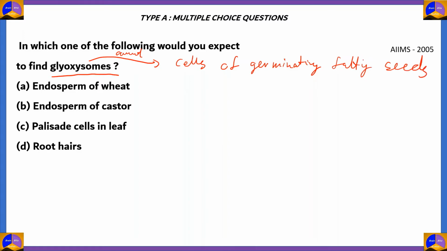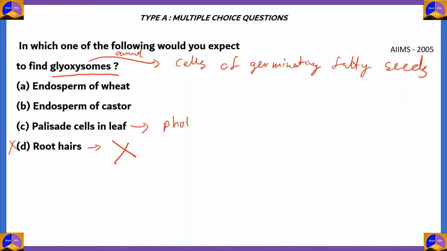So that means the seeds which contain glyoxysomes also have a lot of fatty acids. Let's look at each of our options. Option D, root hairs. These have no fatty acids. Option D is incorrect. Option C, palisade cells in the leaf.